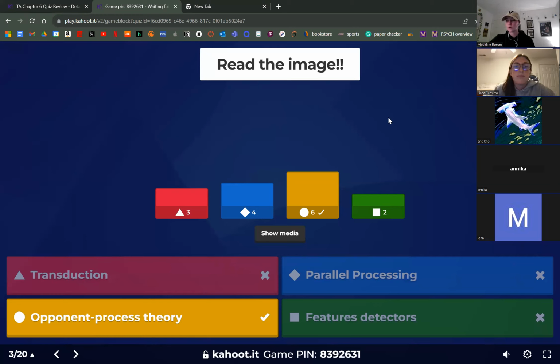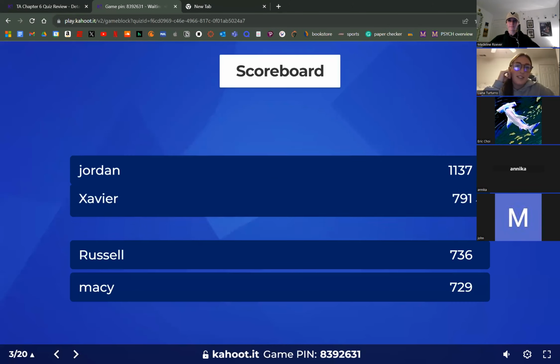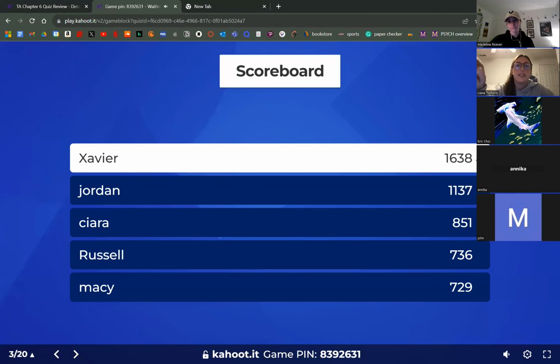Feature detectors are nerve cells in the brain's visual cortex that respond to specific features of a stimulus, like lines, shapes, angles, and movement, to be able to identify that stimulus. And then transduction is just the conversion of one form of energy into another. Also, if anyone did the review packet, there's an example of this flag and this example in the Kahoot in the packet if you wanted more of a visual connection between the two.